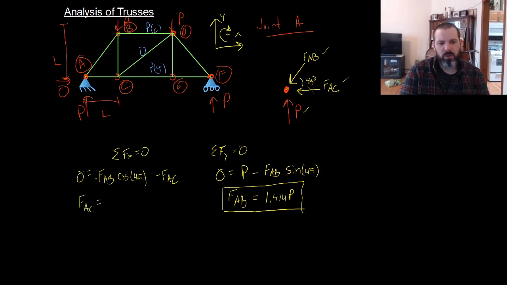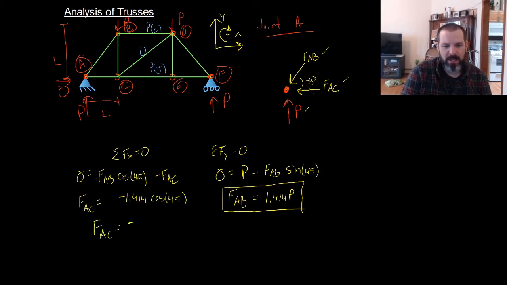FAC will equal 1.414 cosine of 45, and we'll find that FAC equals minus P. Now, this minus means that we chose the wrong direction. What it's saying is that I said FAC was going into the joint, so it was a compressive force. It is not a compressive force. I need to come back here and turn the tail around and make it a tension force.